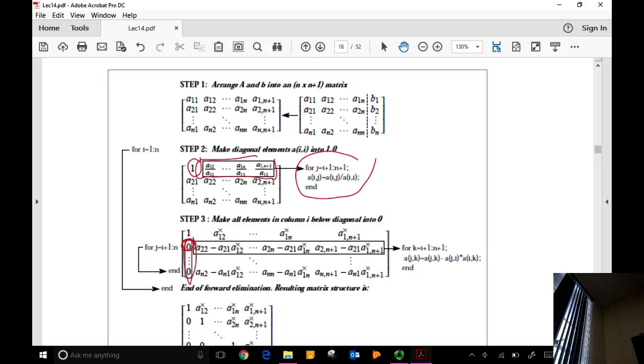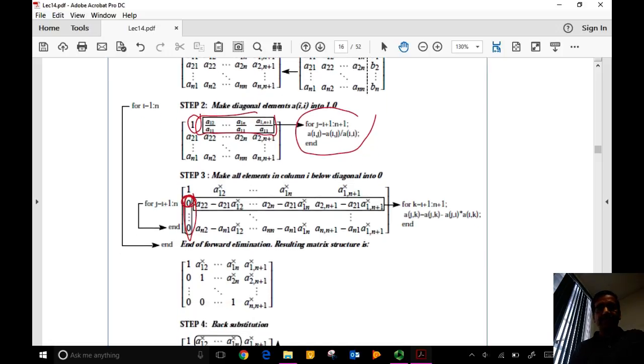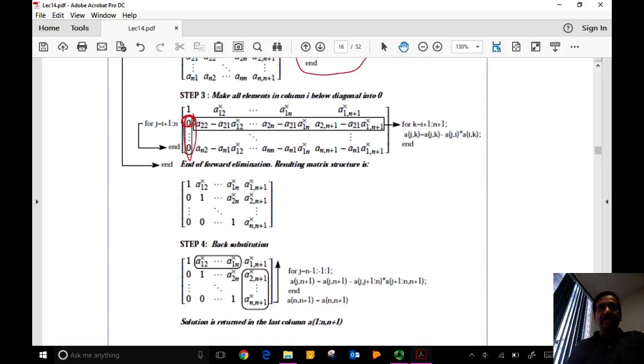The MATLAB code is there, and I've also put them together. So at the end of it, you will have an upper triangular matrix. Now, in this one, I have shown an augmented matrix where the last column is the right-hand side vector B. So you're carrying out the operation on B as well. That's the problem with Gaussian elimination. You need to know Ax equal to B beforehand.